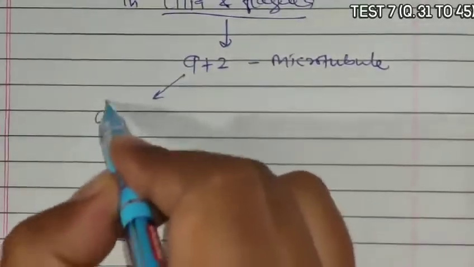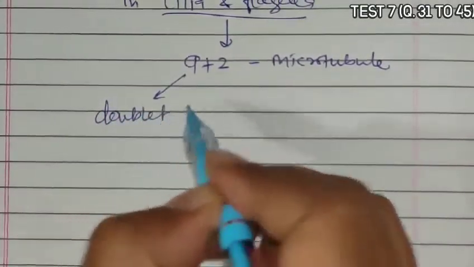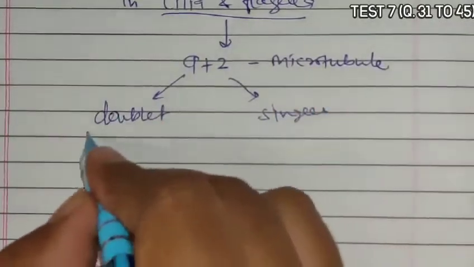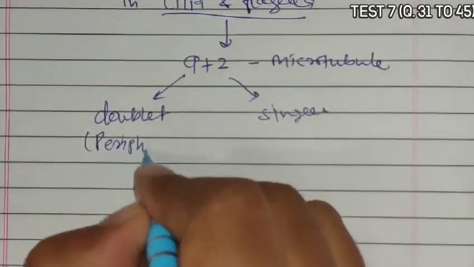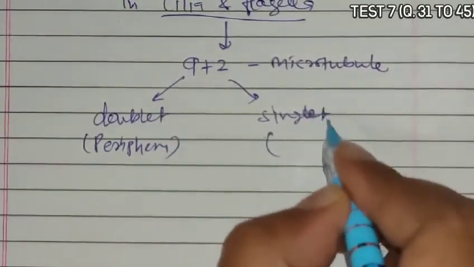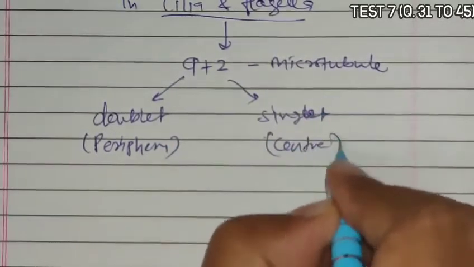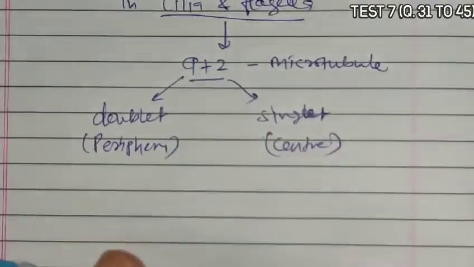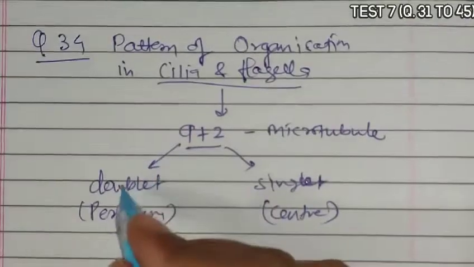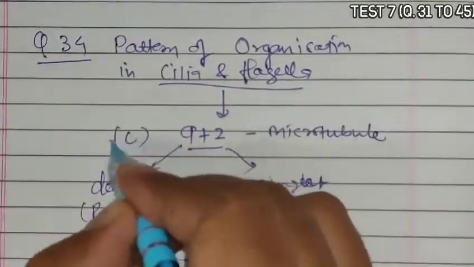This 9 represents a doublet and this 2 represents singlet. These doublets are present at periphery and these singlets are present toward the center. So this 9+2 arrangement is found in case of cilia and flagella. So option C becomes the correct answer.